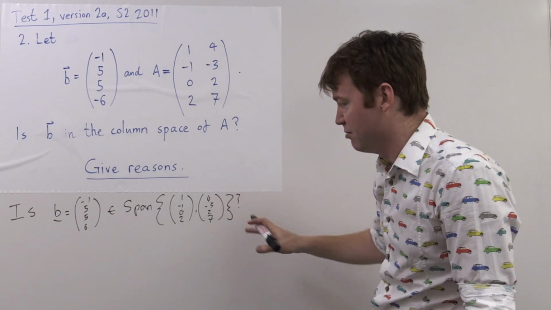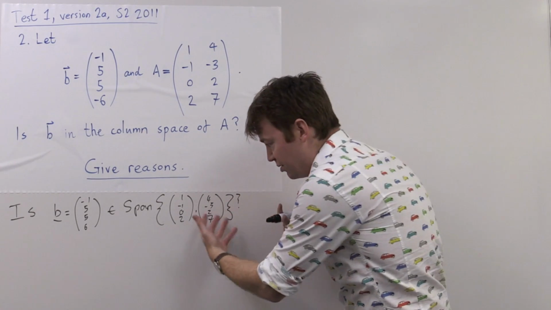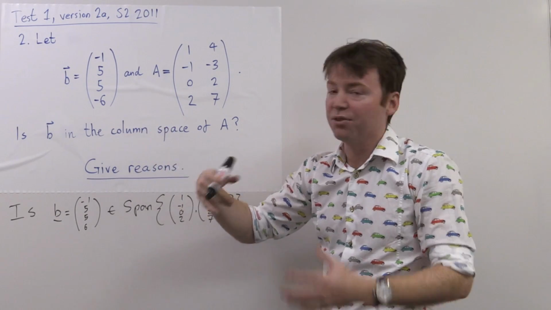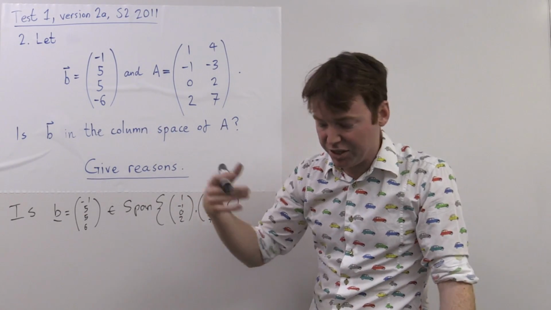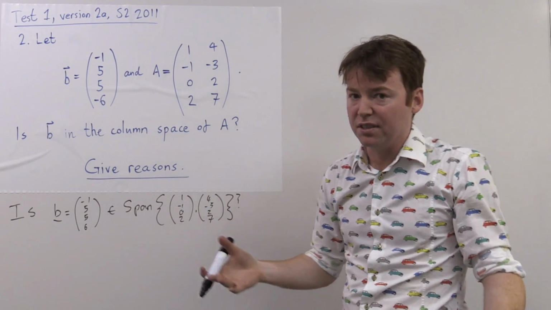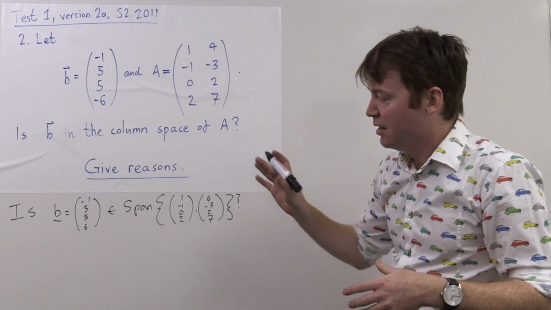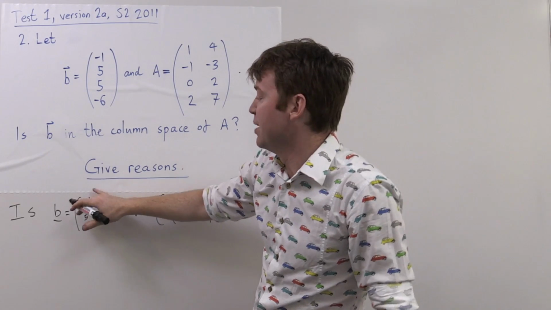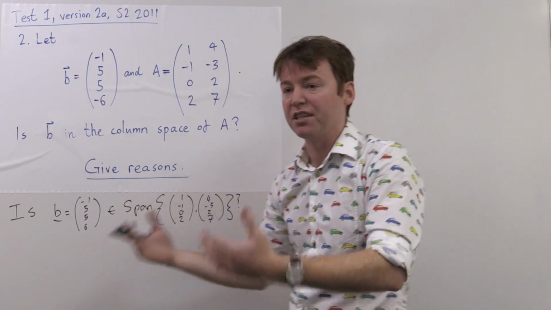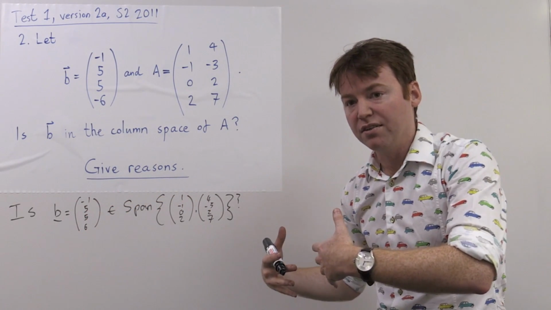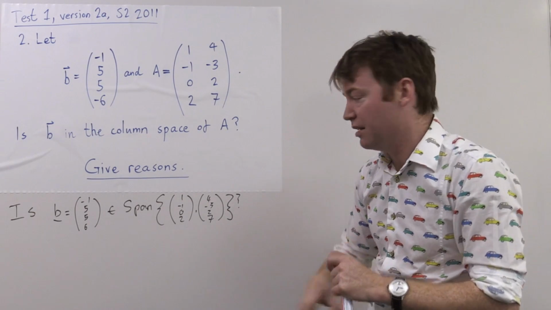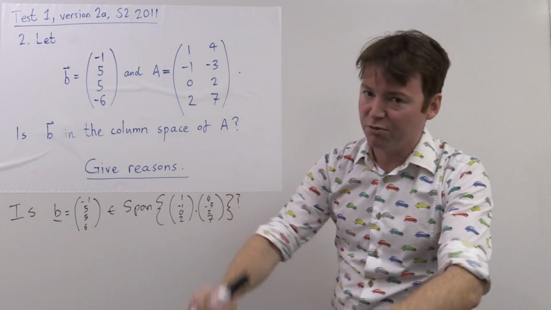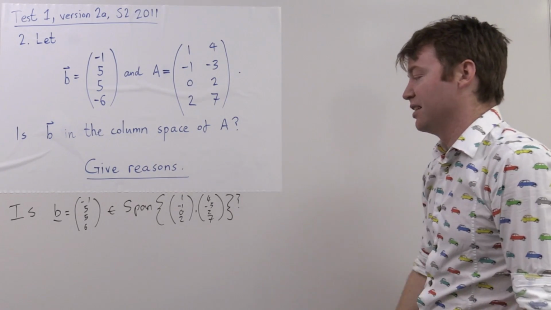You don't need to write this in your exam, but you may see in your exam a question like this, and really this one or anything about whether something is in a span gets solved in the same way, where you throw it into a matrix and row reduce. So maybe even you get a B1, B2, B3, B4, and you have to find conditions on that B to find whether or not it's in the span. It's always throw it in a matrix, row reduce. And that's exactly what we're going to do here.